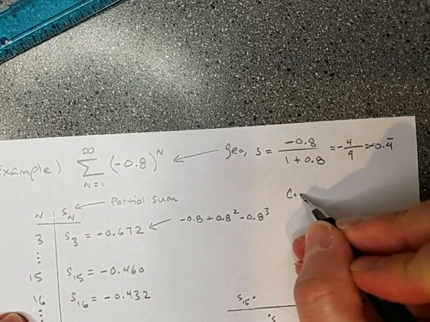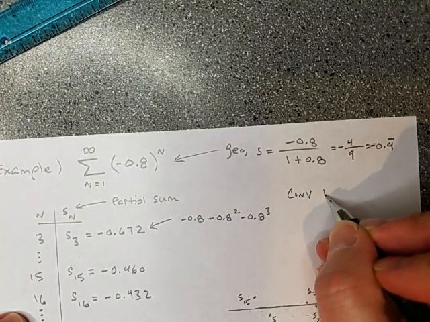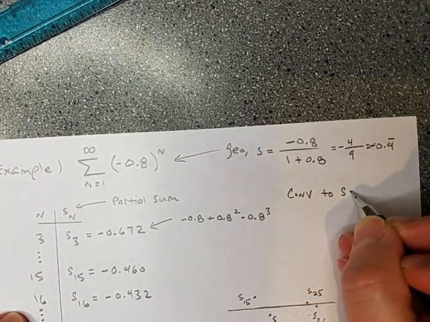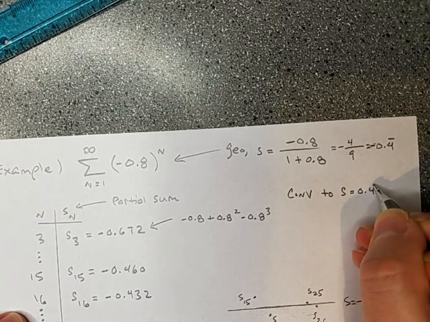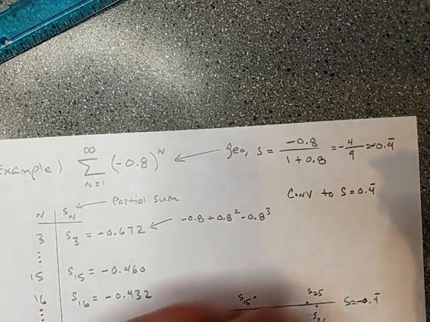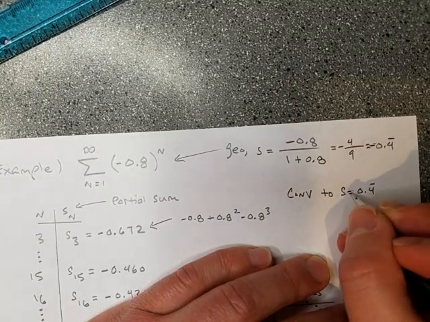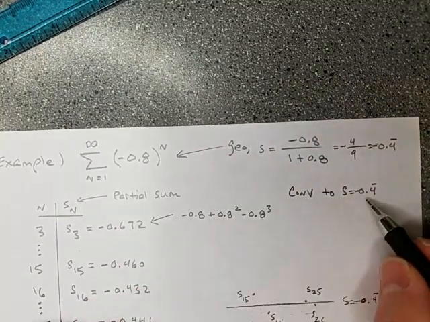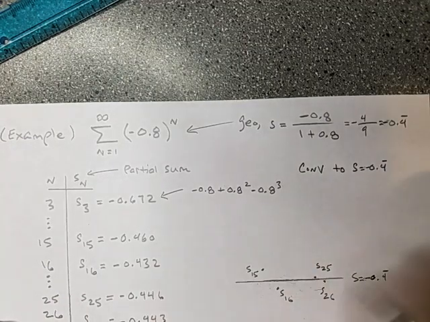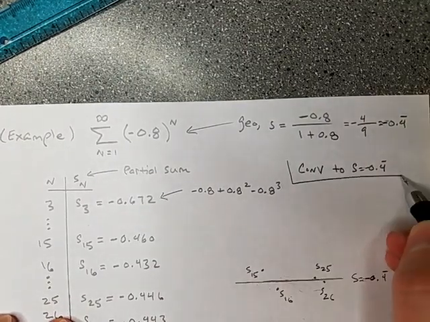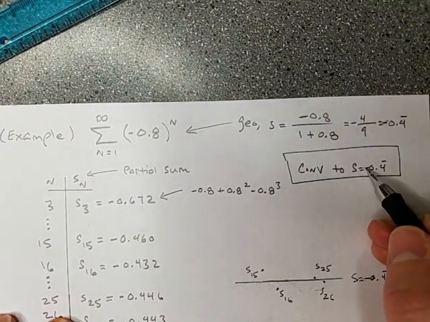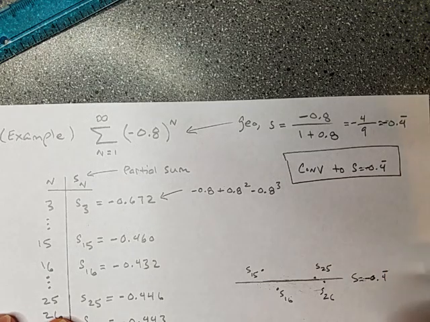So when I make the final statement that this series converges to S equals negative 0.4 bar, then you've got a feel for the numbers. Sorry, I keep forgetting the negative, but there it is.